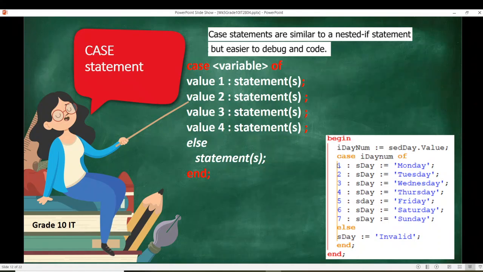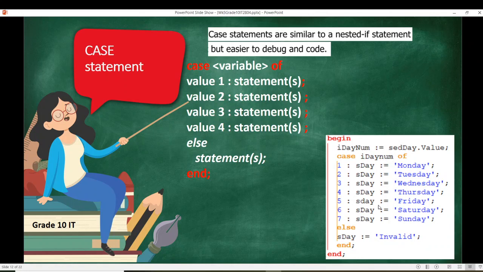So what it's saying here is if iDayNum is 1, then assign Monday to sDay. If iDayNum equals 2, then assign Tuesday to sDay. And so it goes on, Wednesday, Thursday, Friday, all dependent on what number iDayNum equals.